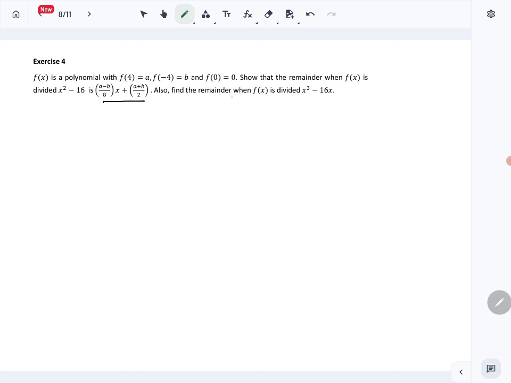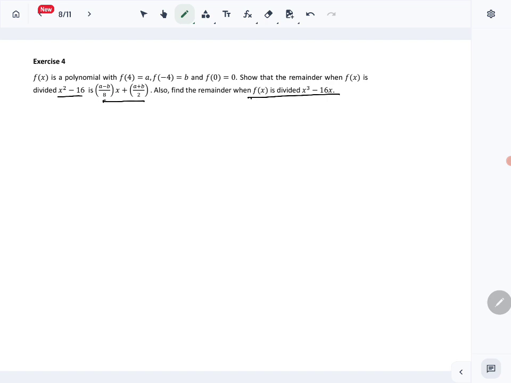Then we have to find the remainder when f(x) is divided by x cubed minus 16x, right? So again, because the divisor is non-linear, we have to use the division algorithm.